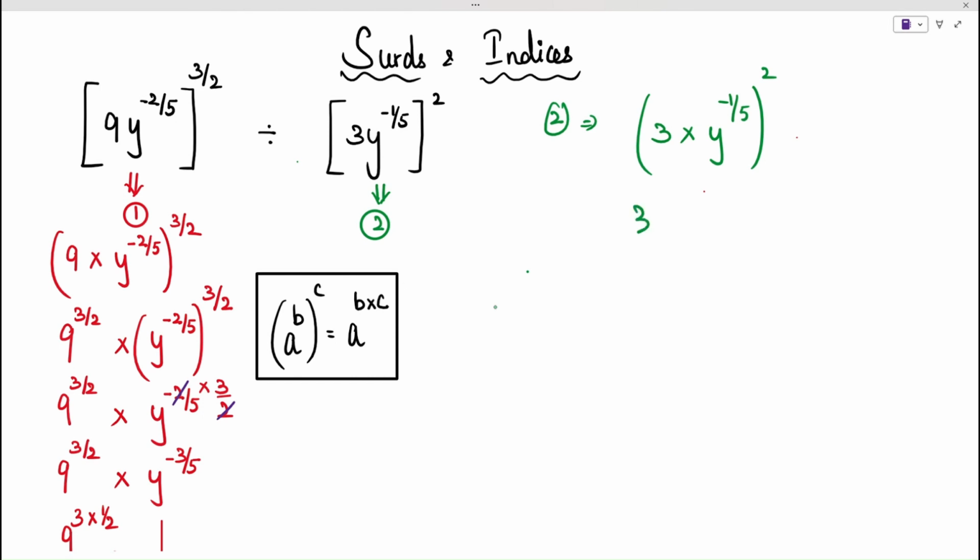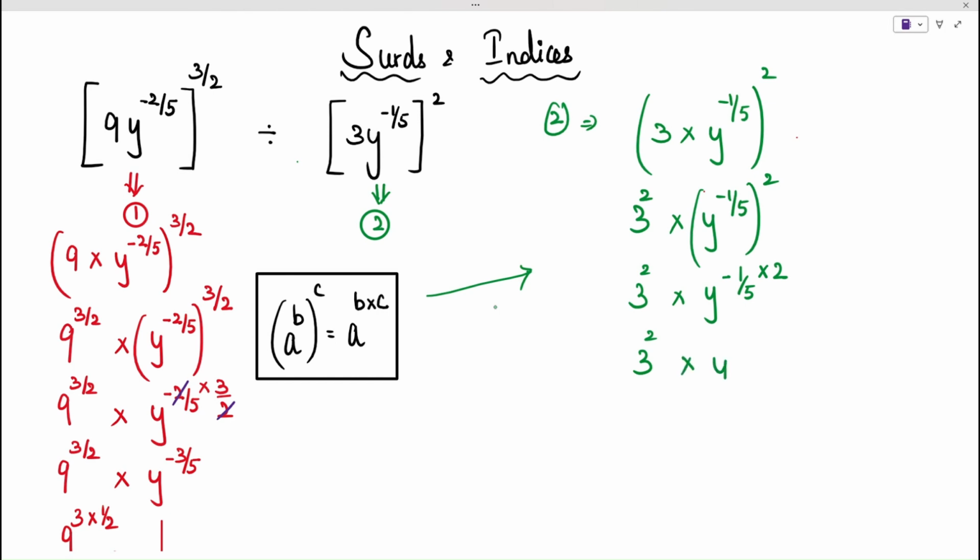And so we get 3 squared multiplied by y to the minus 1 over 5, the whole thing squared. Using the rule that we've used before, we get 3 squared multiplied by y to the power of minus 1 over 5, and the indices is multiplied by 2. Simplified all together, you get 3 squared multiplied by y to the power of minus 2 over 5.